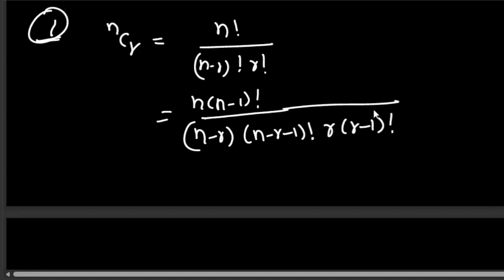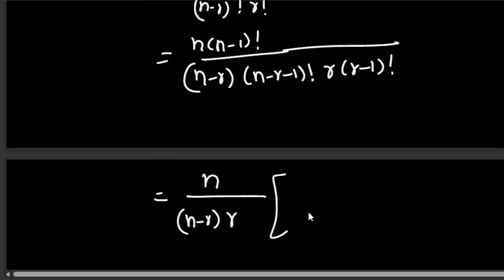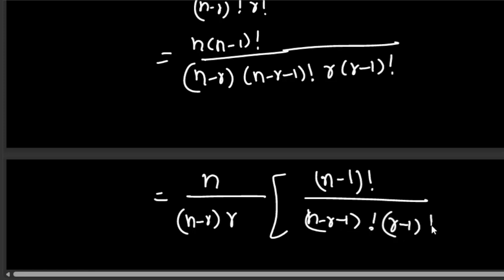Right, I can write like this. And writing these factorials aside: n by (n minus r) into r, times (n minus 1) factorial by (n minus r minus 1) factorial into (r minus 1) factorial.